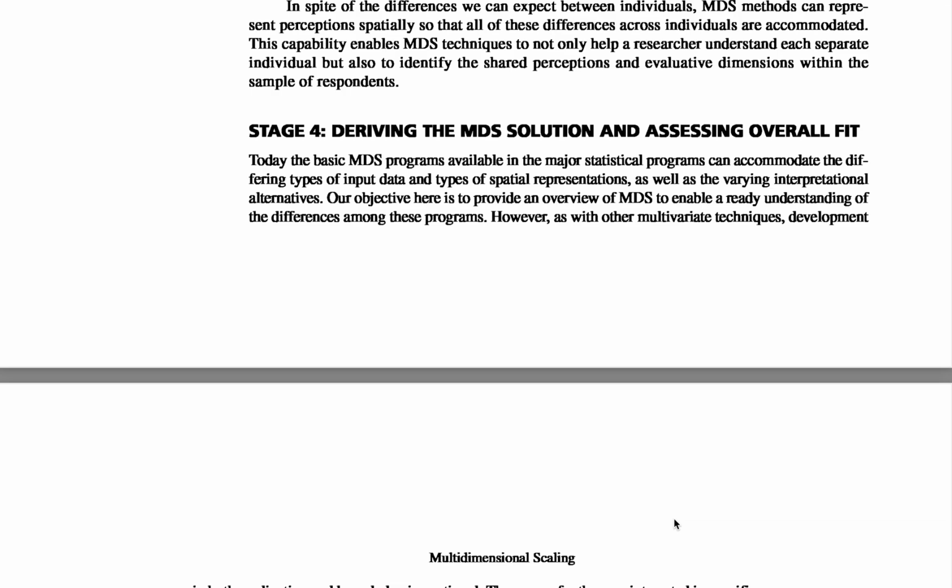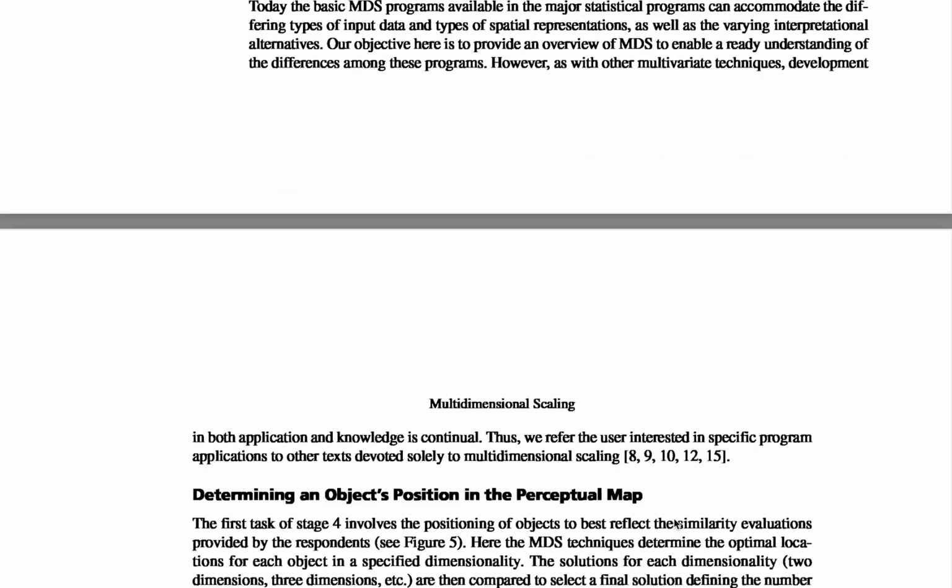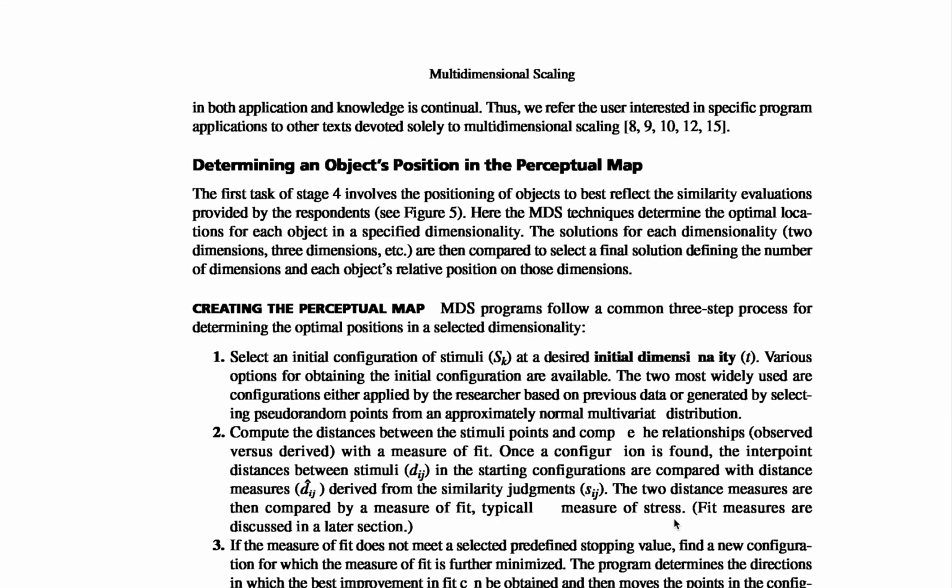Our objective here is to provide an overview of multidimensional scaling to enable an understanding of the differences among these programs. However, as with other multivariate techniques, development in both application and knowledge is continual. We refer users interested in a specific program application to other texts devoted solely to multidimensional scaling.